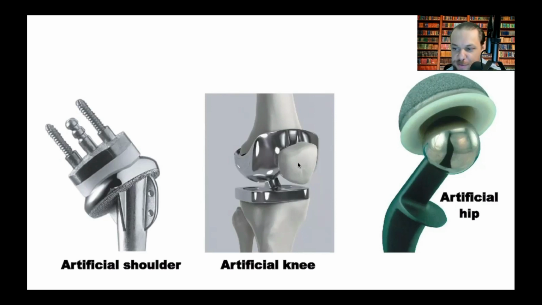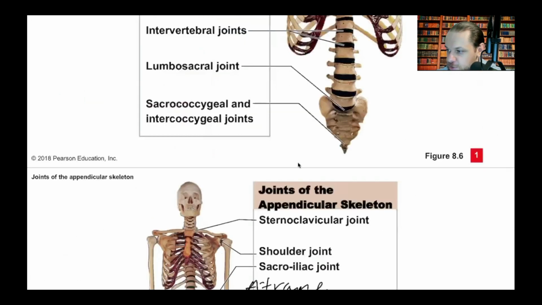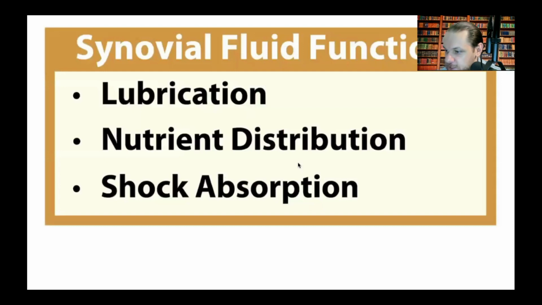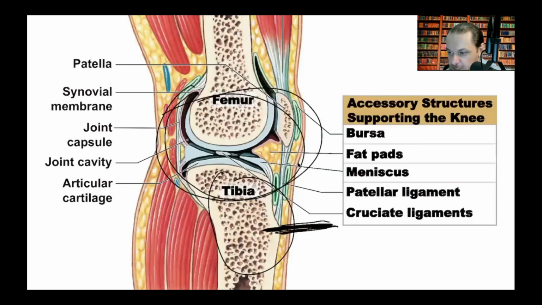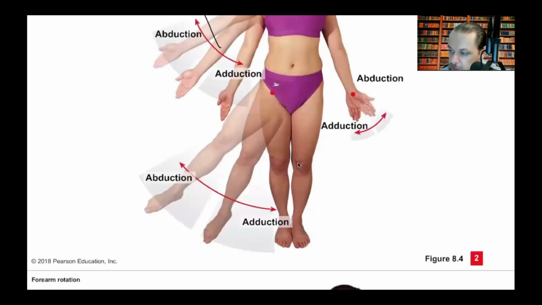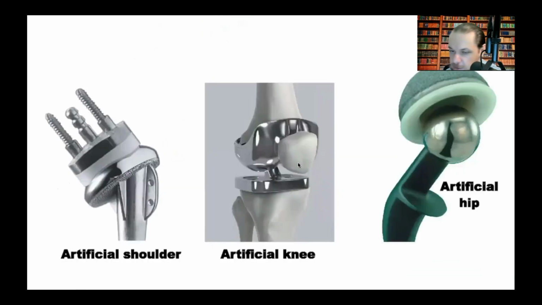Let me rephrase my question. Normally the joints have synovial fluid. Let me go back to that picture. They have the joint capsule and the synovial fluid. We need joints to provide cushioning and support between the bones. After wear and tear or some sort of trauma, a patient may have a replacement of the normal joint with one of these artificial ones.